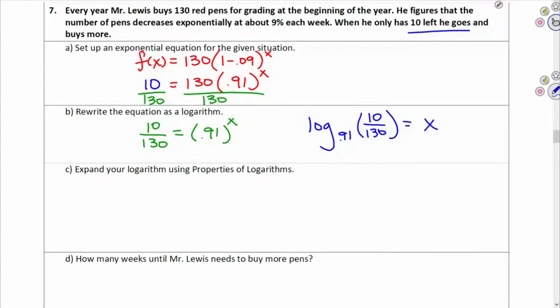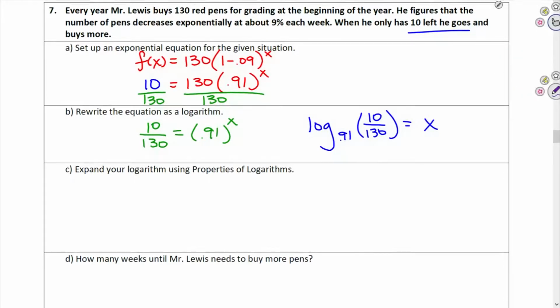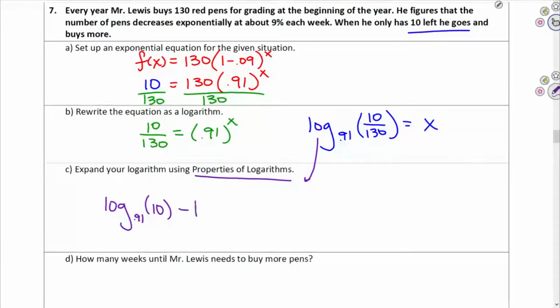Now at this point, honestly, I would go to my calculator and plug it in and find the answer. But we're going to take a side step really quickly, to make a connection with what we're currently doing, and that is to use properties of logarithms to expand this, just because we can. I have 10 in the numerator, so I have the log base 0.91 of 10, and then 130 is in the denominator, so I have minus the log base 0.91 of 130.